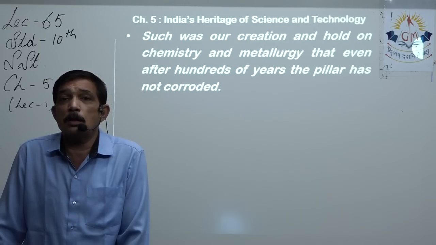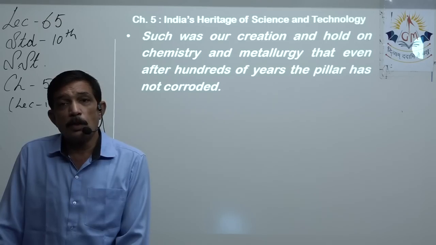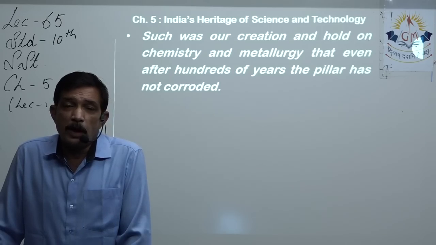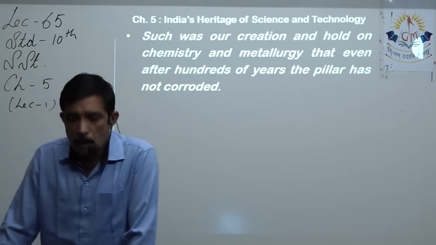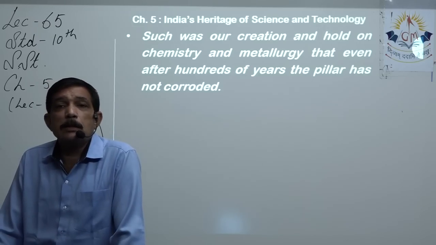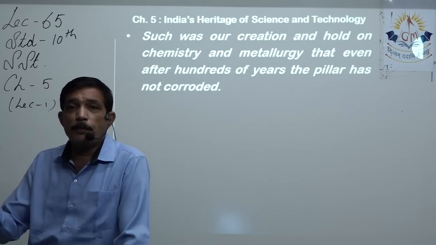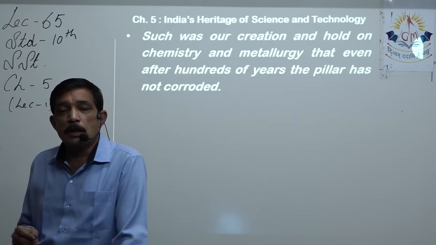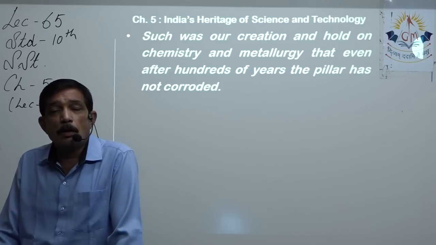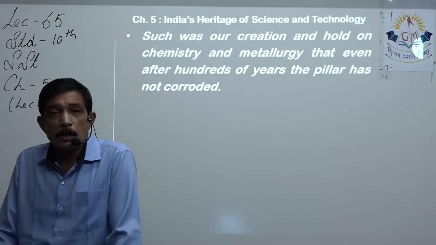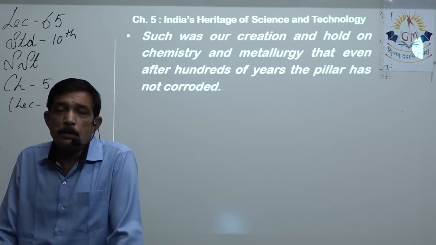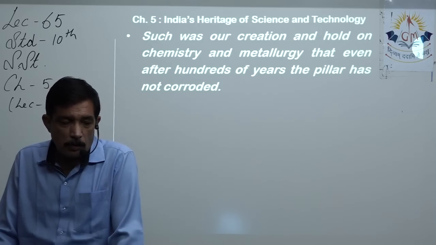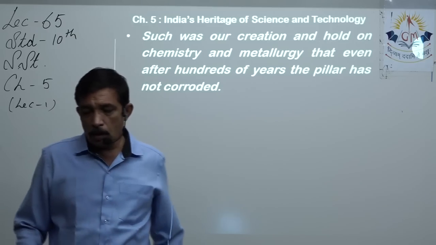But what other minerals, and in what quantity, were mixed in such a way that after standing in the open, fighting with the climate for hundreds of years, it has still not eroded? You just keep an iron nail in water for a few days and you can see that rust starts happening, right? That is eroding of the metal. Now the iron pillar does not show any erosion or corrosion.